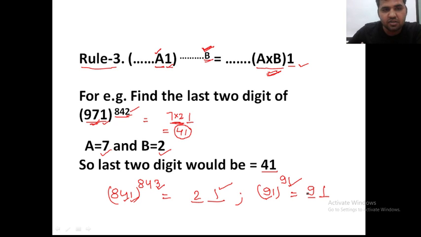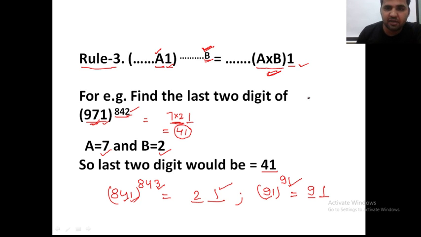Now, how can this rule be used for all odd numbers? Here the concept of unit digit will be used. All odd numbers can be made to end in 1 as their unit digit.